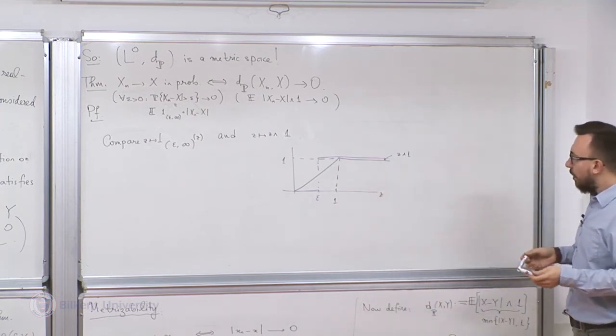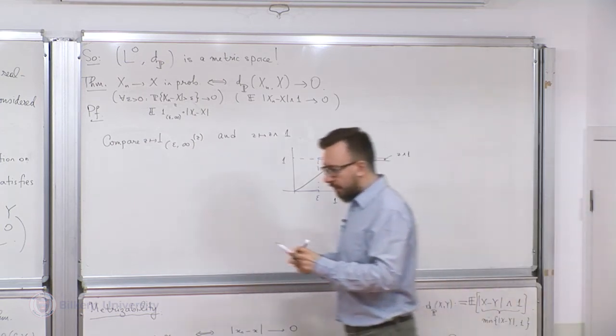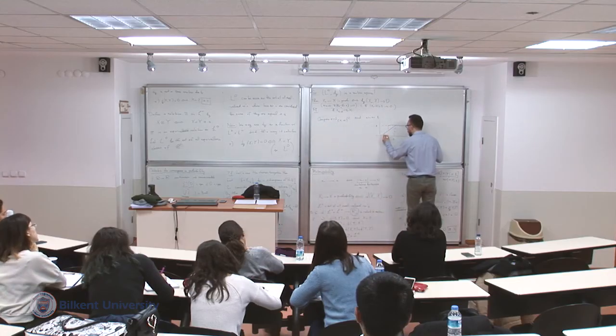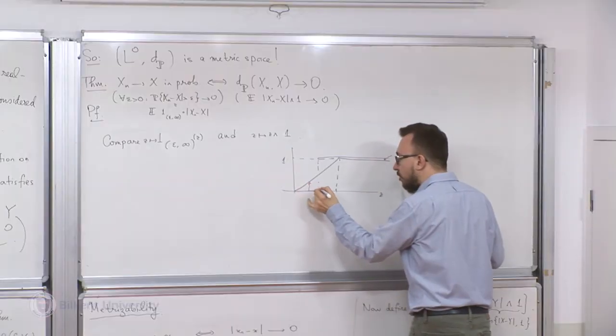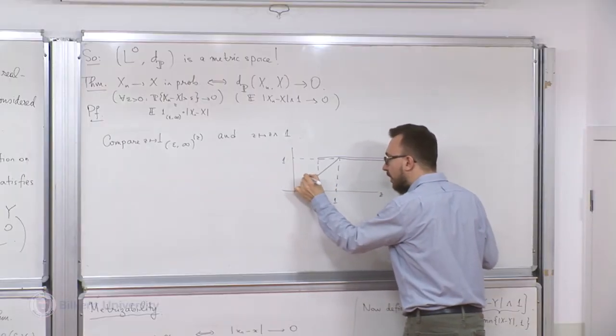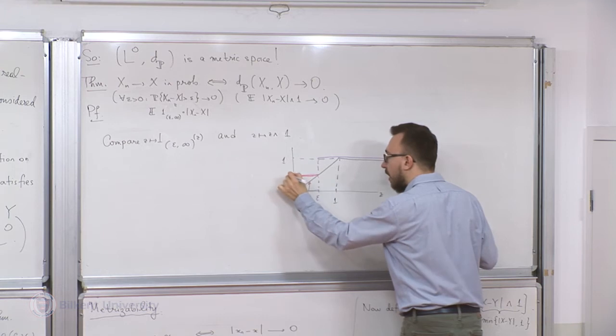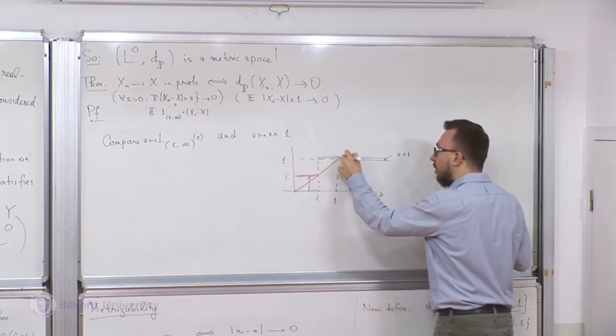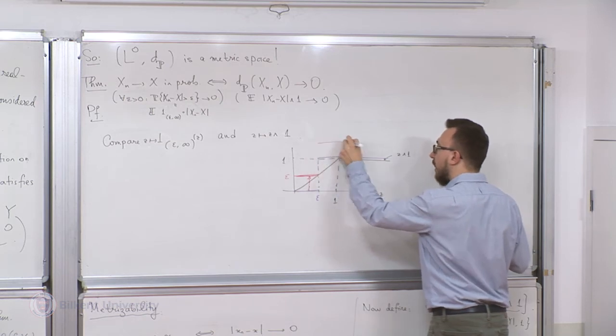What we can do is to shift the indicator function by epsilon. Just shift this by epsilon. If you shift it by epsilon, it's going to touch exactly this line, right? Shift this part by epsilon as well.